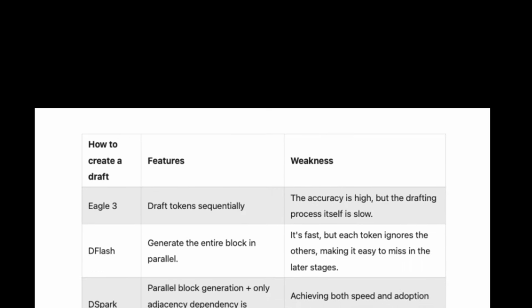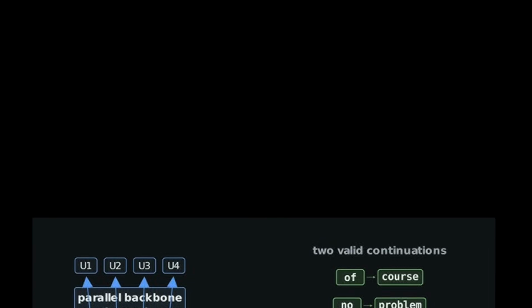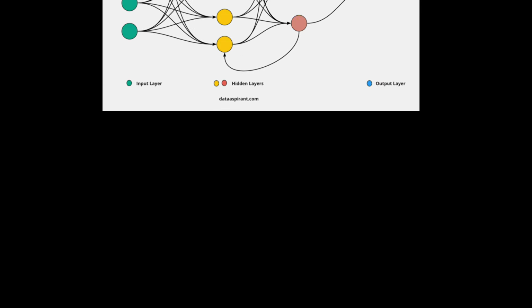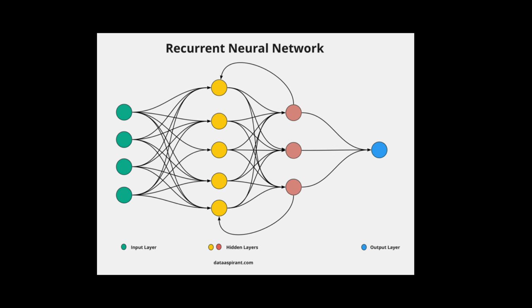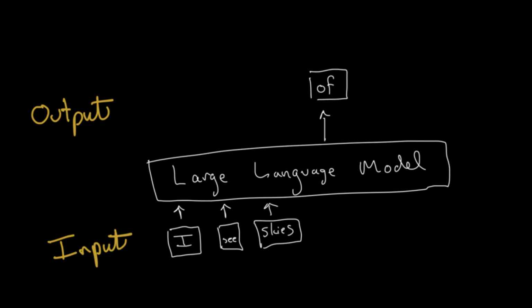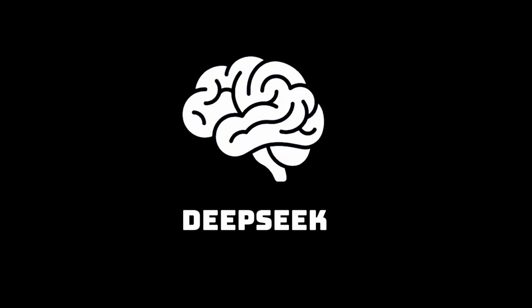The idea is to maintain the speed of batch generation while preventing the failure of later tokens, which ignore earlier ones and become inconsistent. The Markov head is suitable for short sequences and high throughput, while the RNN head is slightly more advantageous for longer sequences. Furthermore, each candidate token is equipped with a confidence head that estimates the probability of being adopted by the main model. DSpark is not DeepSeek's new brain.